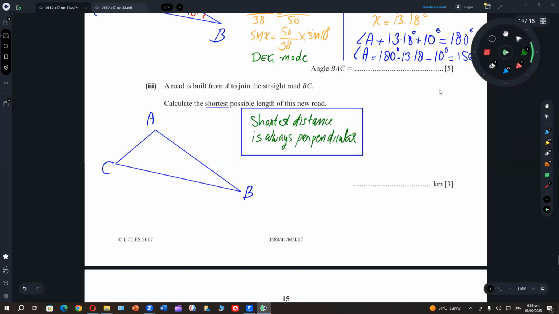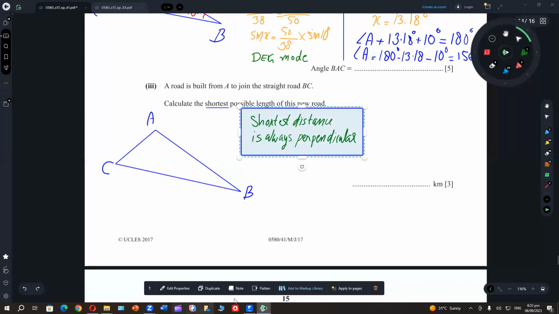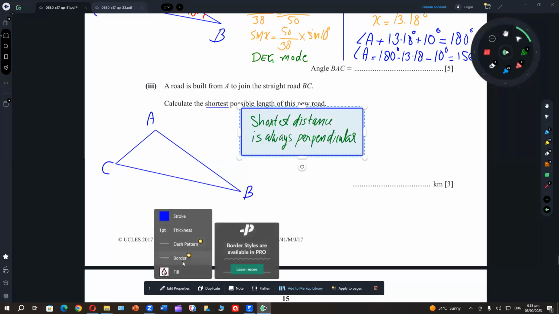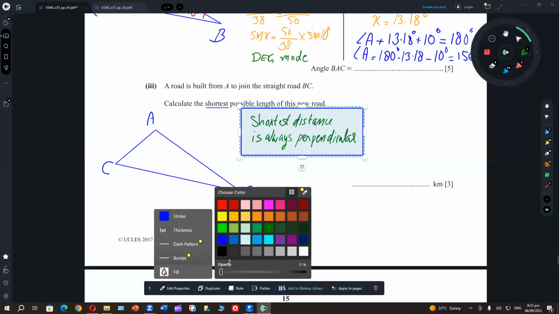Now you have to help me to make a perpendicular in your copy also. In my book or in the past paper book? Past paper, obviously.